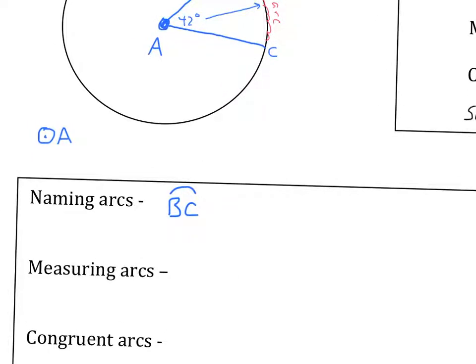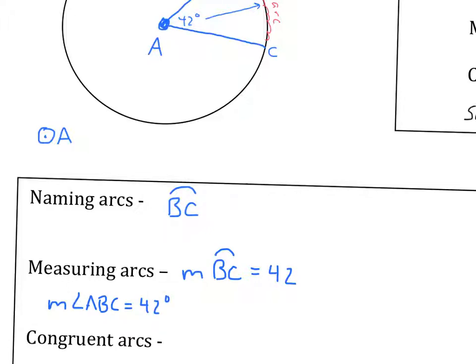The way we write it as a number would be this. The measure of arc BC is 42. And it's not much different, you don't need to write this, it's not much different than the measure of angle ABC equals 42 degrees, or something like that.